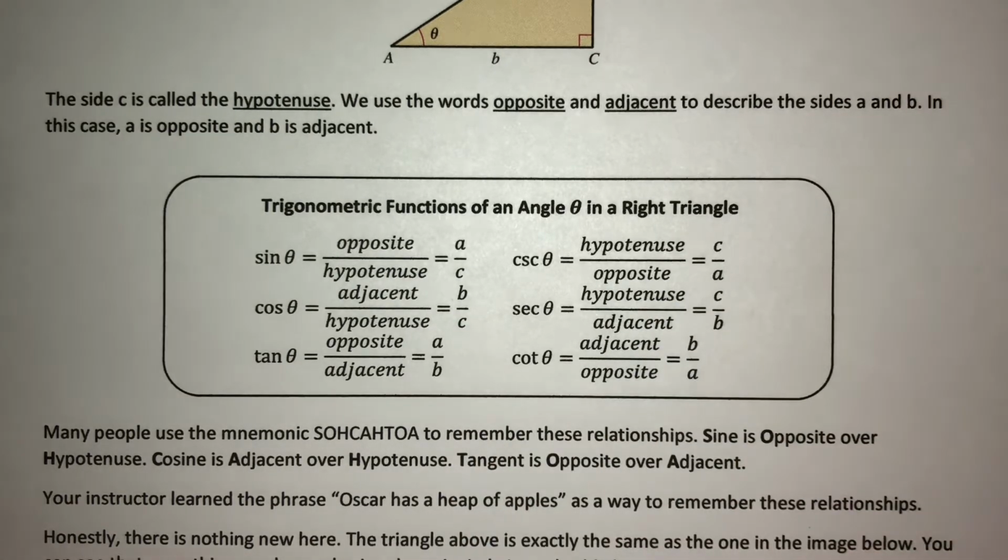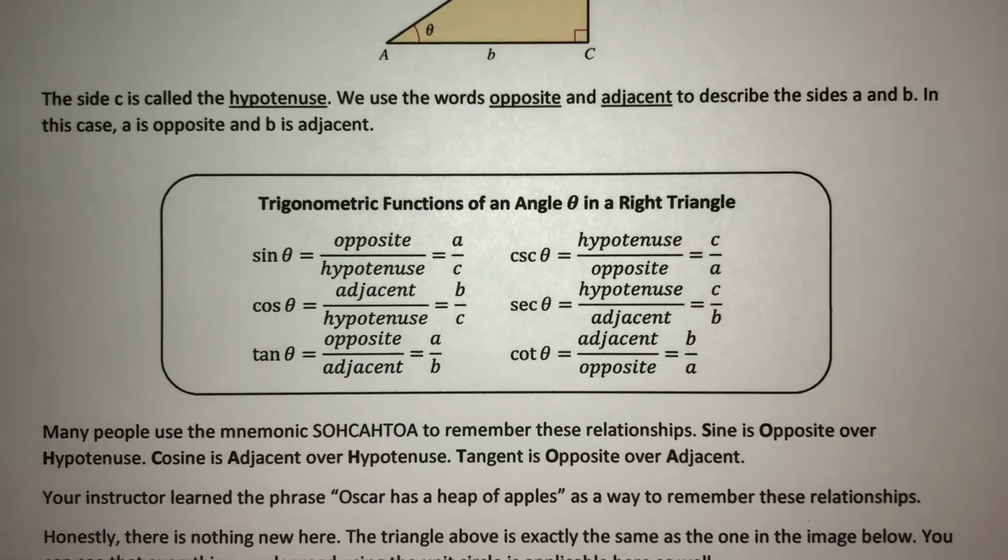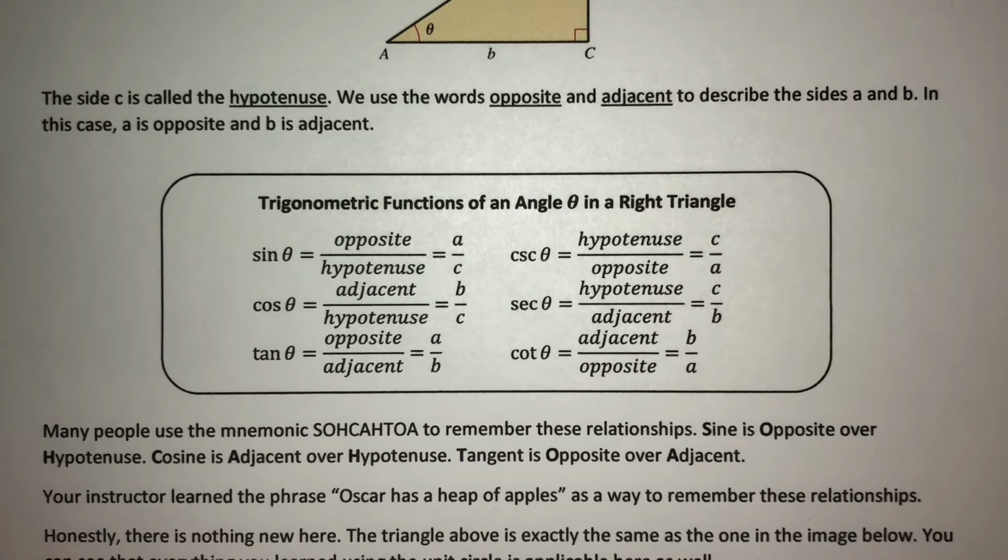A lot of people use the mnemonic Sohcahtoa to remember these relationships. SOH, sine is opposite over hypotenuse. Cosine is adjacent over hypotenuse. Tangent is opposite over adjacent, Sohcahtoa.